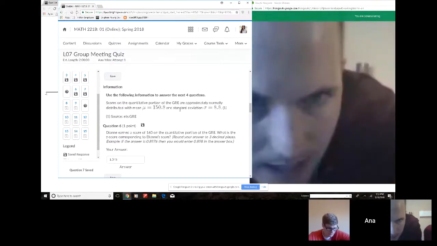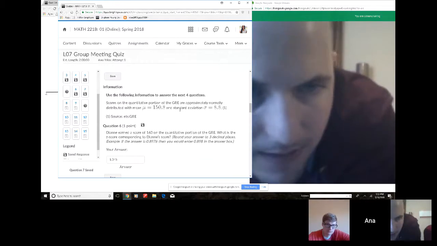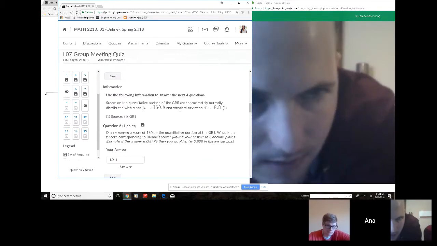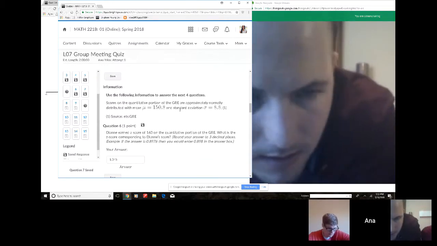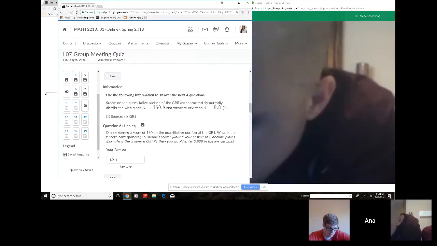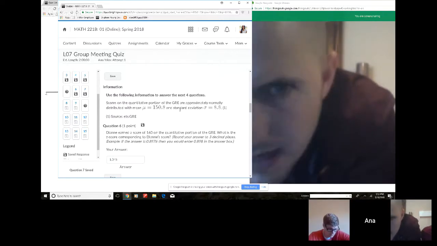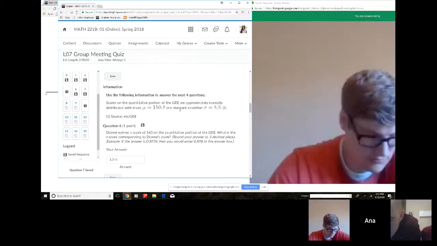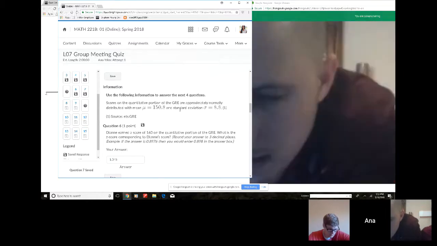Divide that by the square root of the number of samples, in this case 5, so 5 would be the n, the square root of n. So it will be 160 minus 150.8, divided by 8.8 divided by the square root of 5.